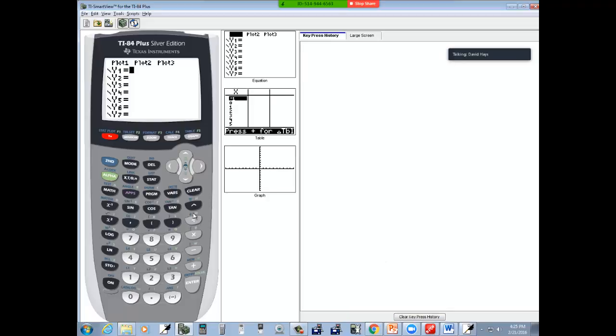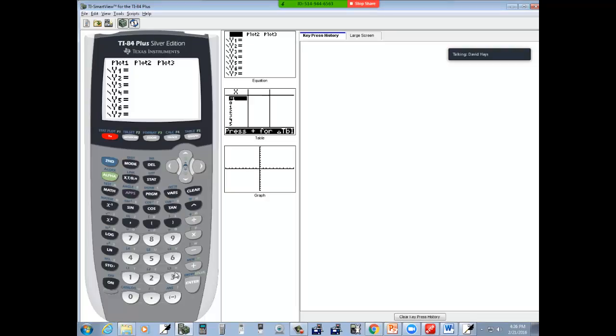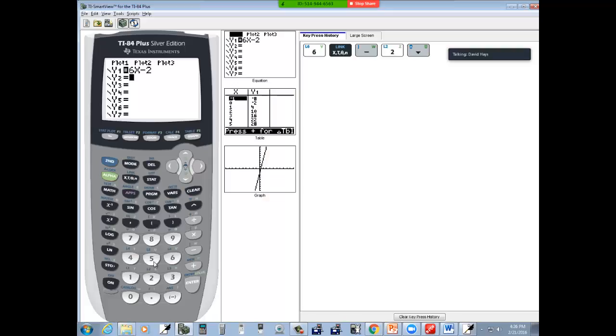Oh, okay. But if I were to graph both of them on the same display, I'd put 6x minus 2, and then on y2 I'm going to put 1/6 x plus 1/3, and then graph.